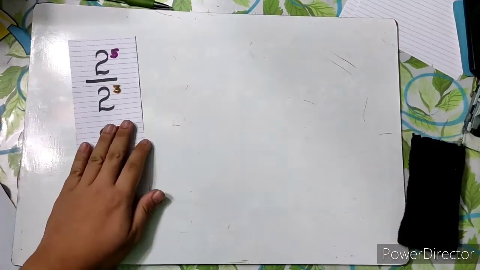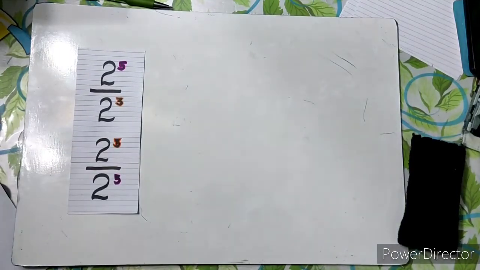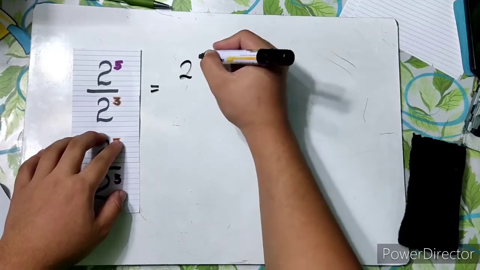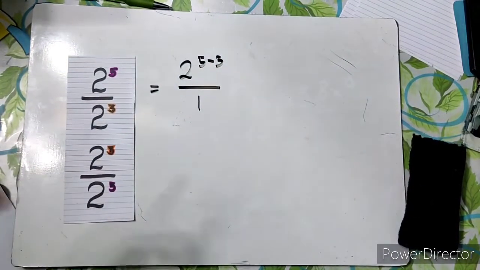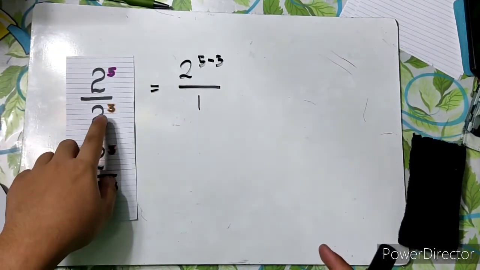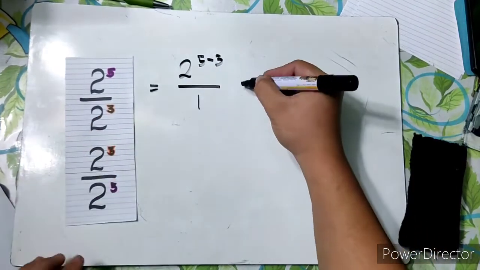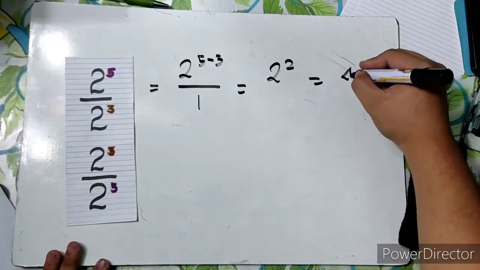So we have 2 raised to 5 over 2 raised to 3. So this will become 2 raised to 5 minus 3 over 1. Why? Because we subtracted the smaller exponent to the bigger one. That's why it's up in here. So it will become 2 raised to 2 or 4.